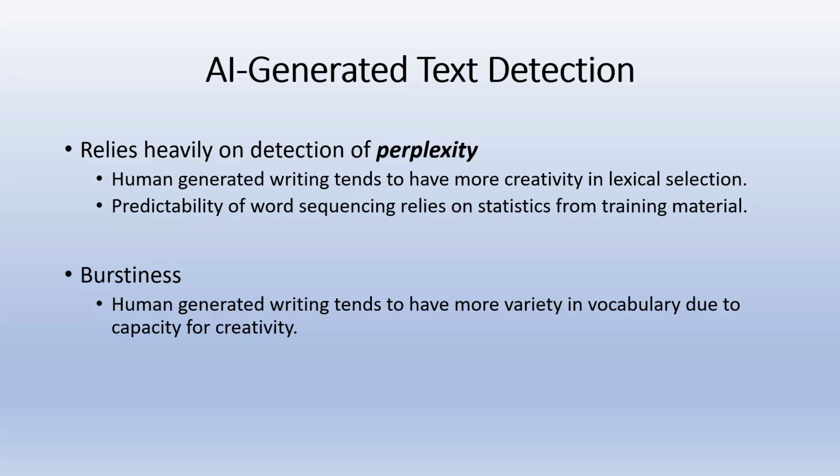It also does slightly rely on burstiness, and in this case, it tends to be focused pretty much on vocabulary diversity, particularly within the paragraph unit. And this is because humans are believed to be more creative and have more variety in our vocabulary.